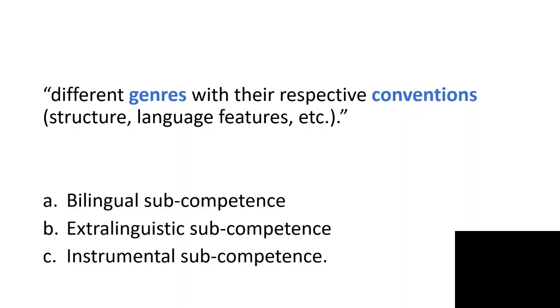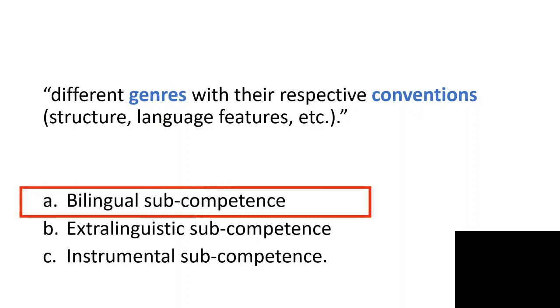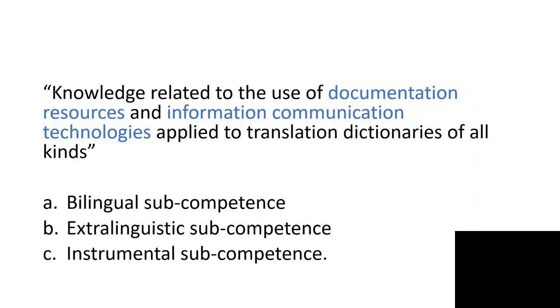Pause the video and ponder for a second which one of these would be the appropriate answer to match the prompt. Yes, it's bilingual subcompetence. These are the textual elements, the textual knowledge that's required of translators in the bilingual subcompetence. It has to do with languages and the mastery of the languages. Very good. So let's continue.